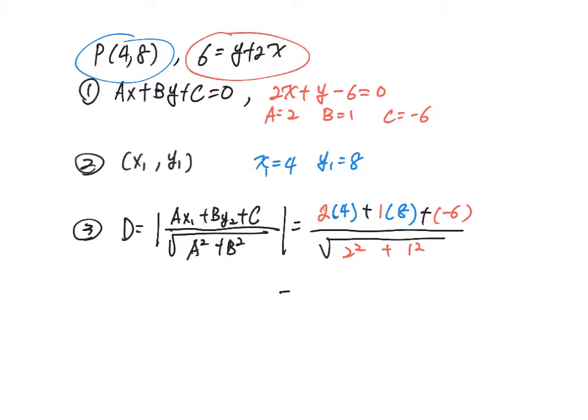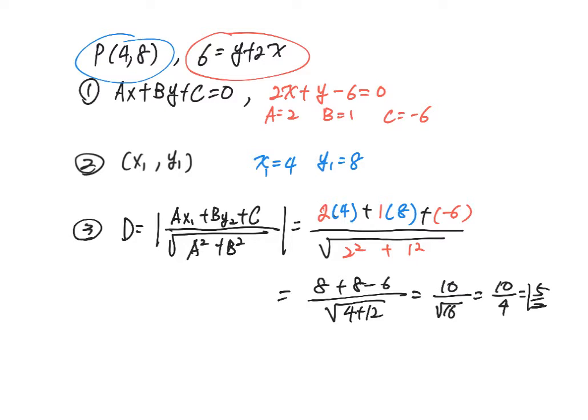So now your final answer is just going to be 8 plus 8 minus 6 all over the square root of 4 plus 1. That is 10 over the square root of 5, which is 10 over 4, and that is equal to 5 over 2. And that's your answer, and you're done.